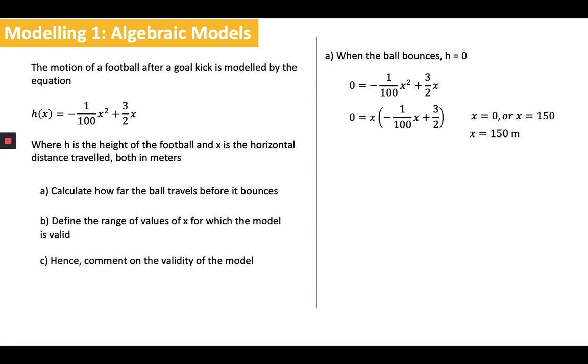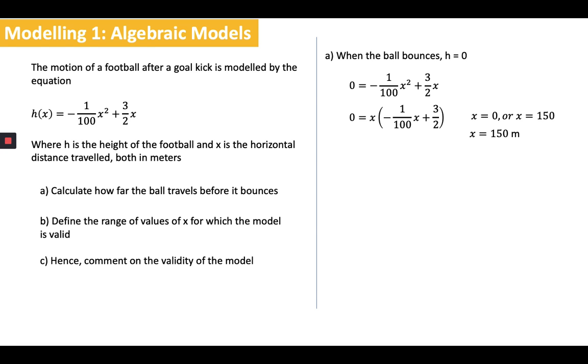Now for part B, I want to define the range of values for which the model is valid. Okay, the range of values of x for which the model is valid. This question is asking me to have a think about what the function looks like in its total form and see if there are any values that we need to restrict, because they may lead us to a result that is unintuitive or goes against our experience of the world.